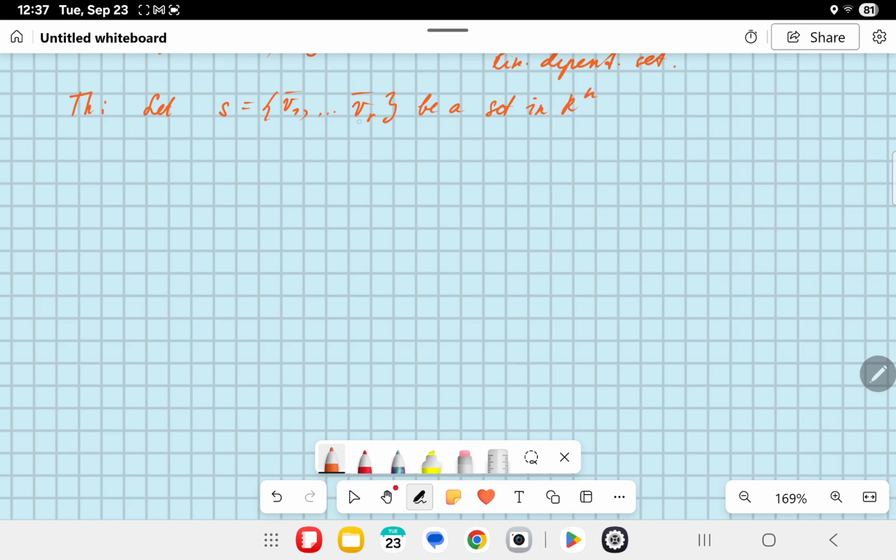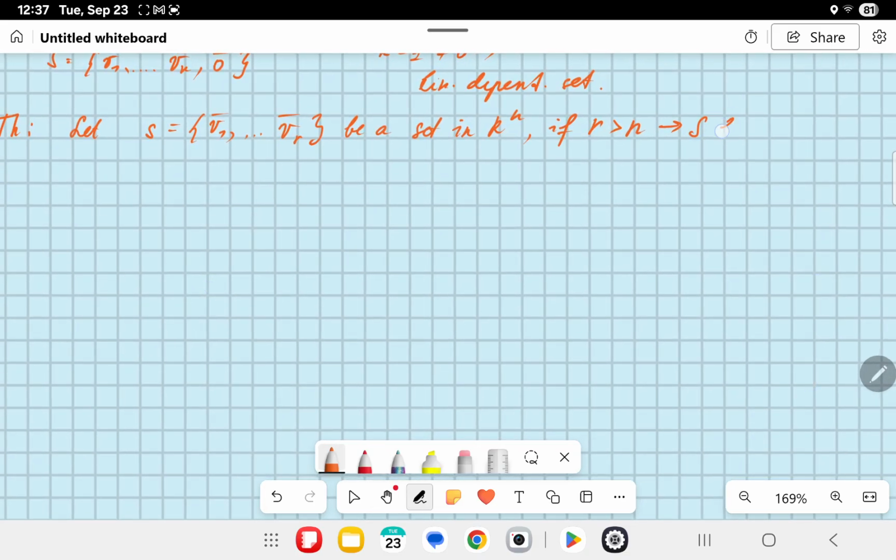So these vectors are not strange vectors. They are just like our standard vectors. The theorem tells that if r, the number of vectors in this set, is greater than n, then S, the set, is linearly dependent. What does it mean?